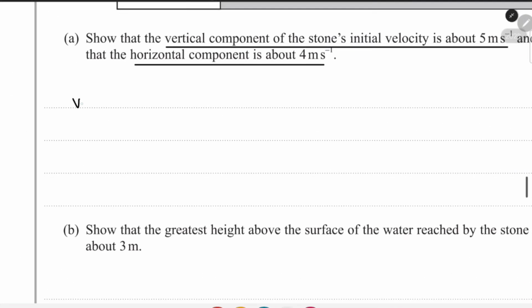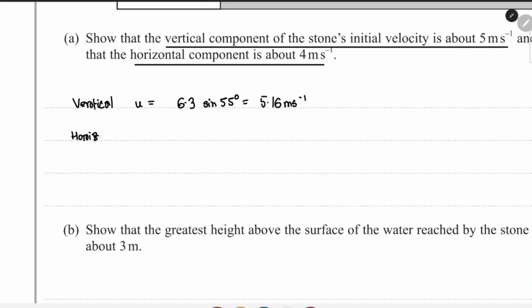So vertical U, this is U because this is the initial velocity. Vertical U is 6.3 sine 55, which is 5.16 meter per second.